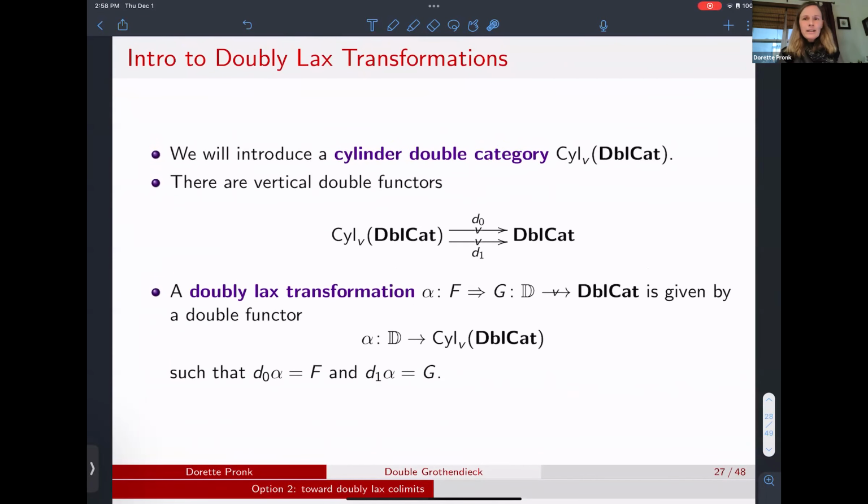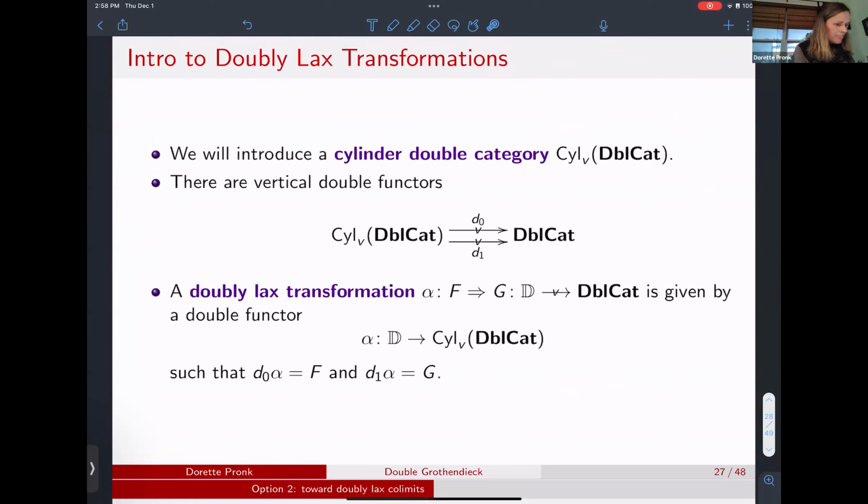I will define a cylinder double category, and we had a choice here. We could have done H or V. We chose V, basically because of the vertical double functors, that is how things will nicely go together.